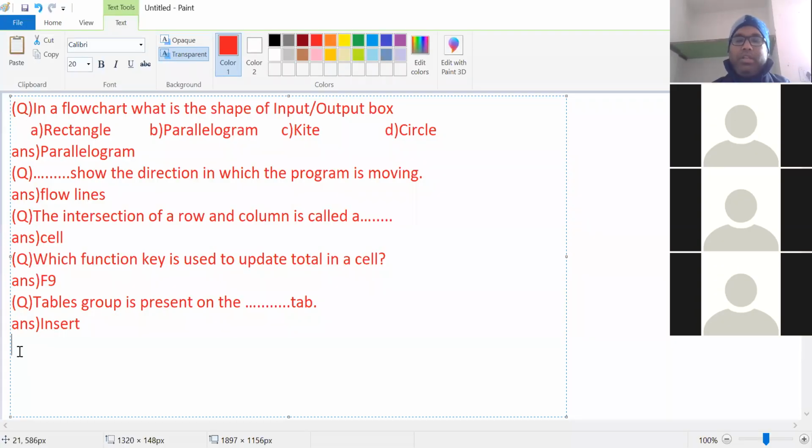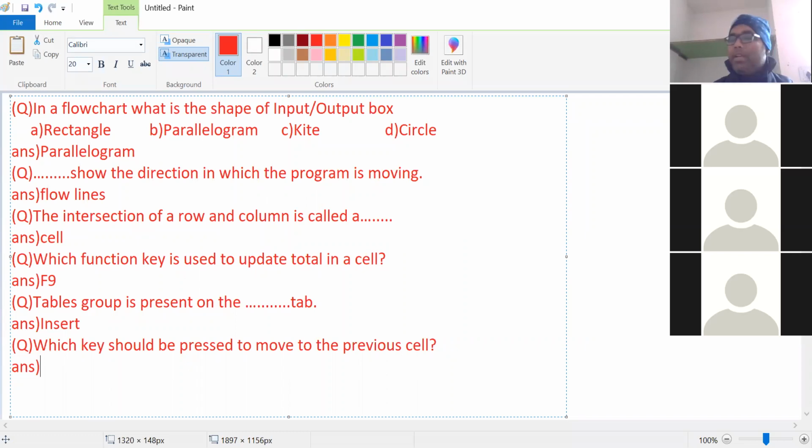Next question is, which key should be pressed to move to the previous cell? Shift plus tab is used to move to the previous cell.